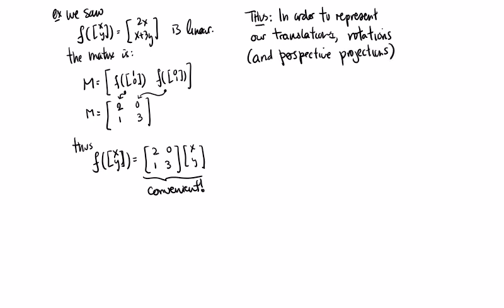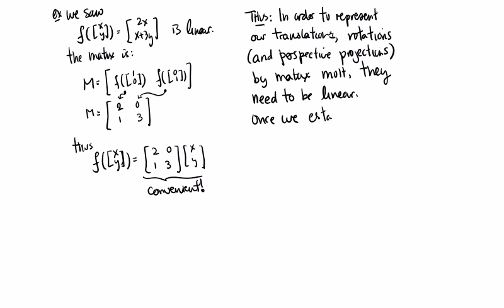I'll say more about those when we get there. Once we know that they are, then we can find the matrix. So once we establish this, we simply find the associated matrices.